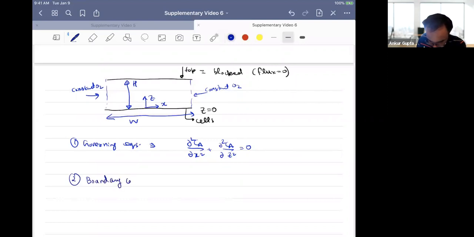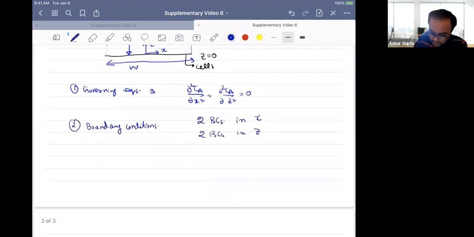And the boundary conditions, as we have discussed, will be two boundary conditions in x, because there is x square in the denominator, and two boundary conditions in z. So we can simply say that Ca at x is equal to plus minus w by 2 is C naught, the constant concentration, constant O2, which we have been given.